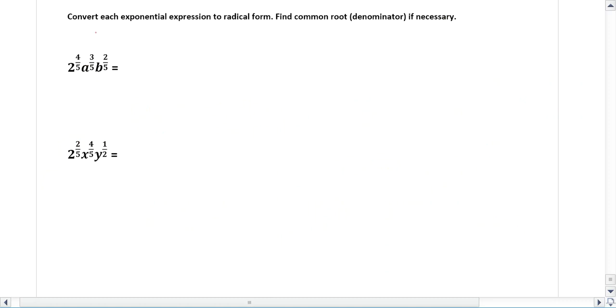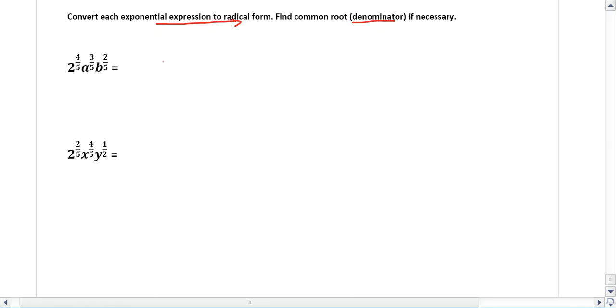In these examples, we are given the problem in exponential form, and we're asked to convert it to radical form. Now, since the denominator is the root, you can't do these unless all the fractions have a common denominator. Oh yes, common denominator is back again. Yay. Since all these do have a common denominator of 5, we're in luck.